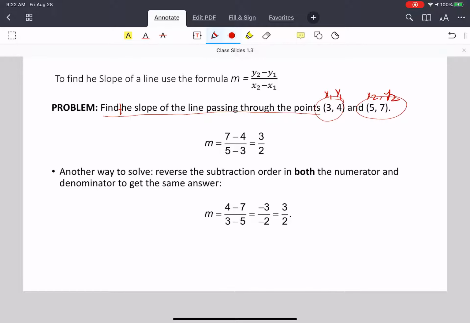So we put that in, y2 minus y1 over x2 minus x1, and you get 3 over 2. If we instead do y1 minus y2 over x1 minus x2, we get negative 3 over negative 2, which is the same thing as 3 over 2.